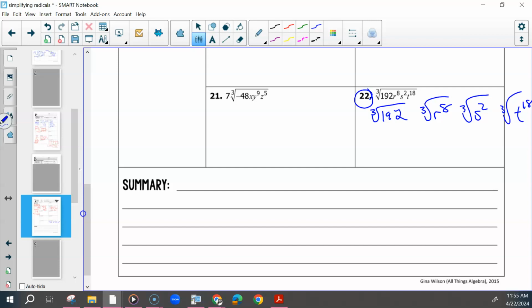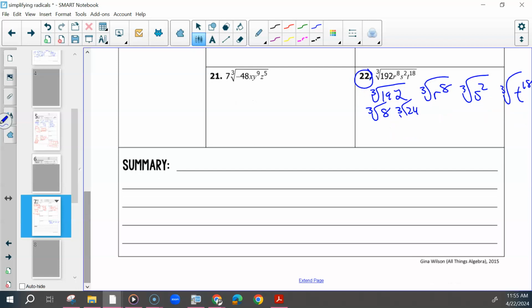Find the highest perfect cube that goes into 192. 3 goes into 8 how many times?